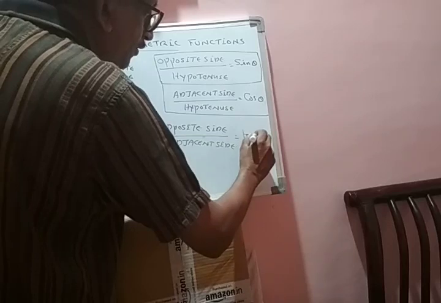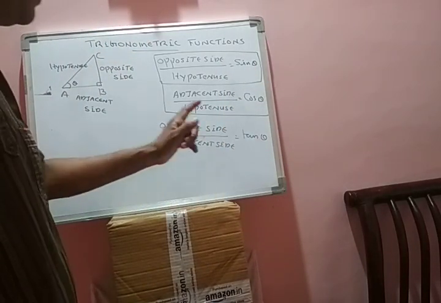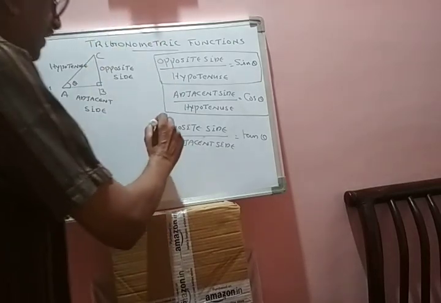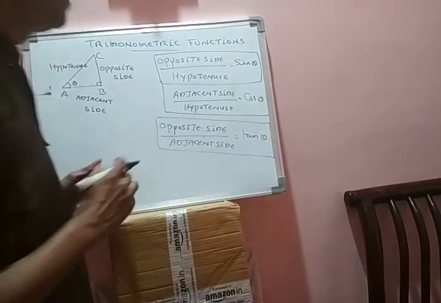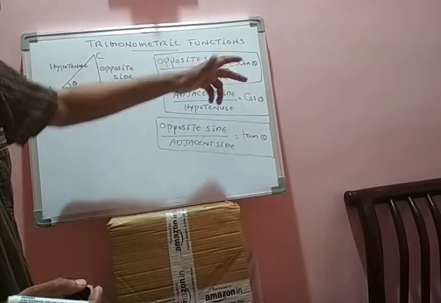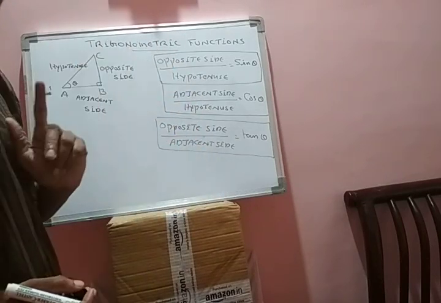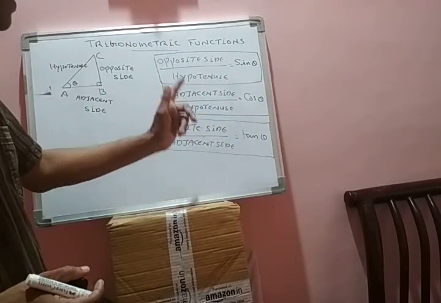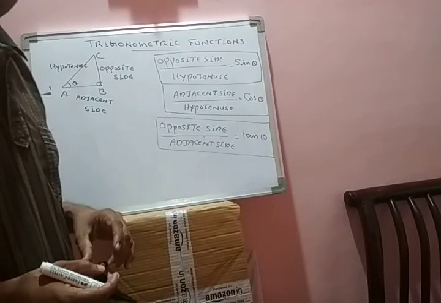That third ratio is known as tan theta. Therefore, tan theta is defined as opposite side divided by adjacent side. This is the third trigonometric ratio. Therefore, there are three trigonometric ratios: sin theta, cos theta, and tan theta. Sin theta is defined as opposite side by hypotenuse, cos theta as adjacent side by hypotenuse, and tan theta as opposite side by adjacent side.